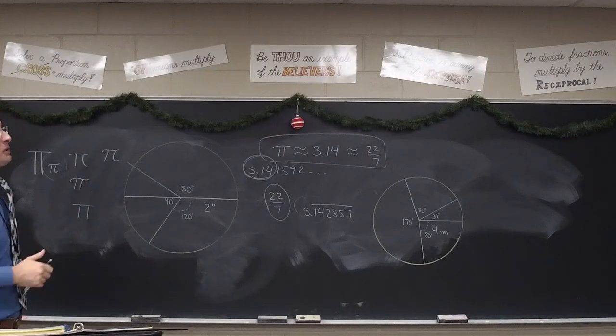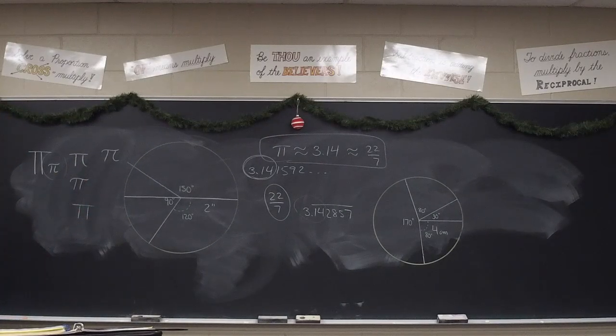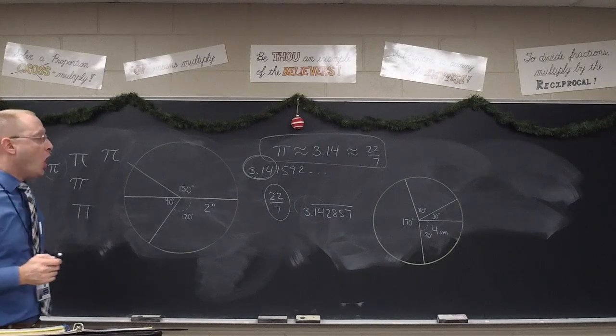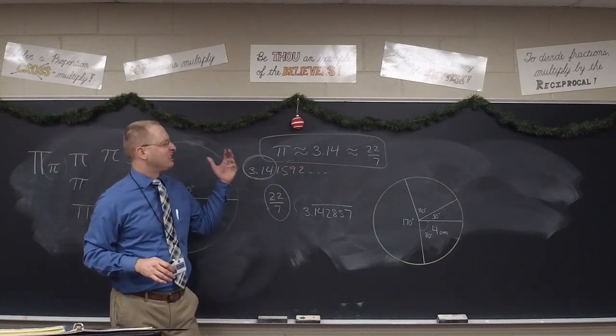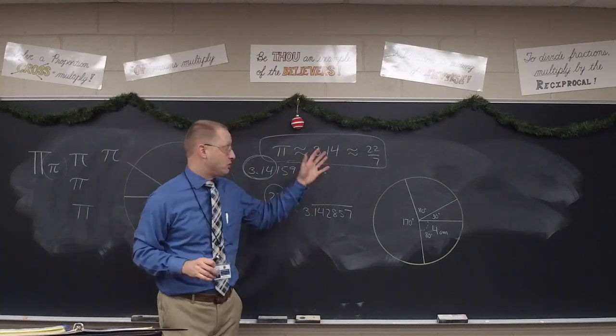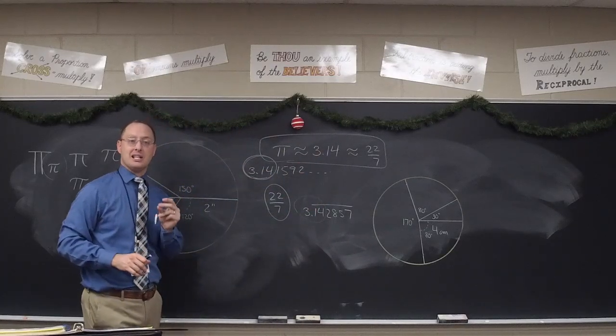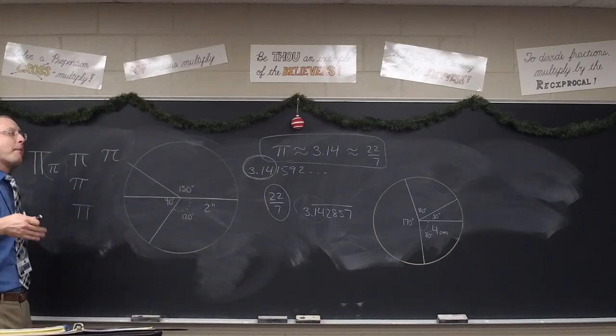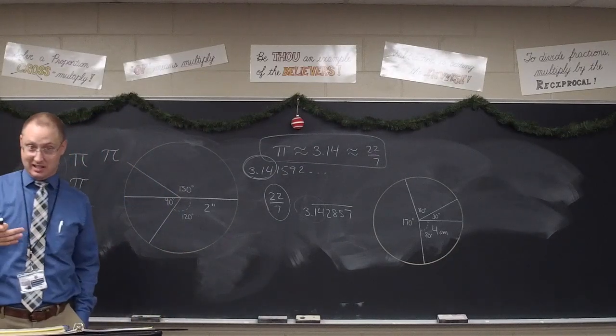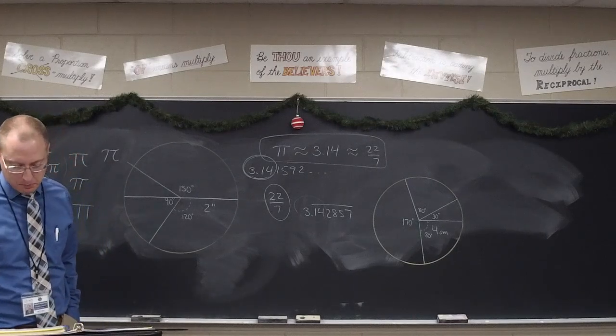Pi is approximately 3.14, approximately 22 sevenths. Now, 3.14, 3 digits, decimal, kind of annoying. 22 sevenths, fraction, kind of annoying. Unless a number I'm trying to work with happens to have a 7 in it, right?